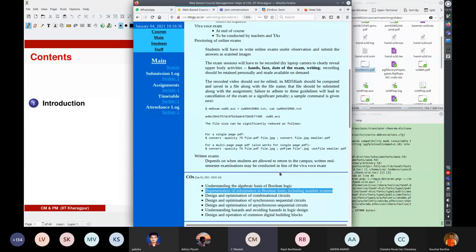However, it is not very practical to monitor everyone in real time because the internet may be disrupted for some and so on. So the minimum that we have planned is as follows.